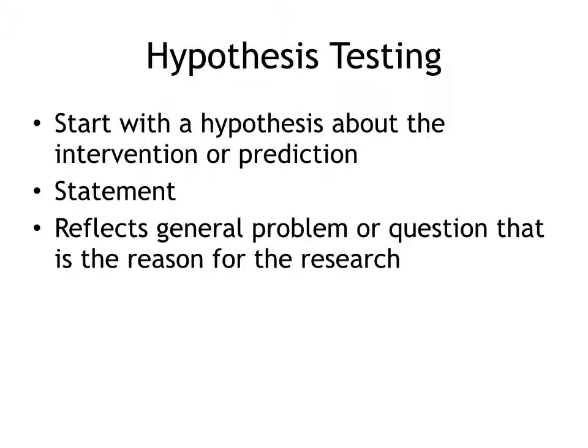Or if I use manipulatives 5 times a week in the classroom, second graders' attitudes towards math will improve. Anything like that where I'm making a prediction before I do the work. And I make that prediction based on the theories and the research that I do and the literature review.